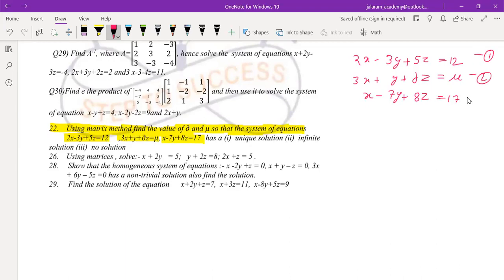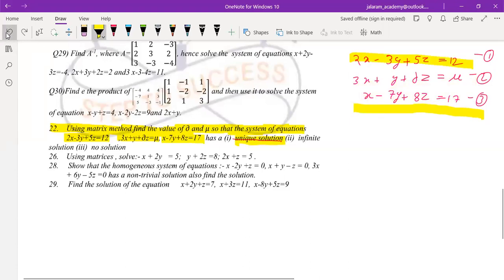So what we should do first of all to check whether it has a unique solution. First of all, we have to find determinant of it. But first we change these three equations, first, second, and third, to the matrix equation. And what is the procedure of changing it to matrix equation?